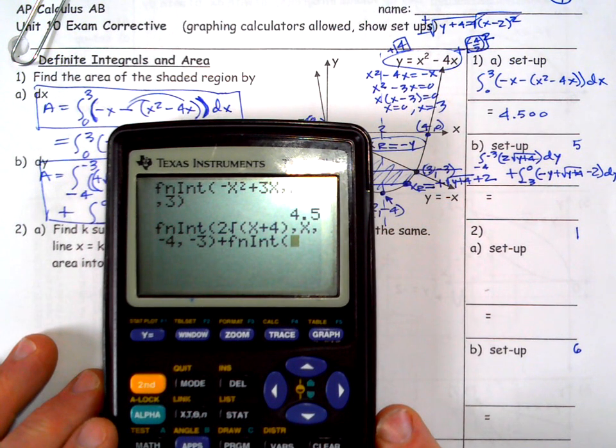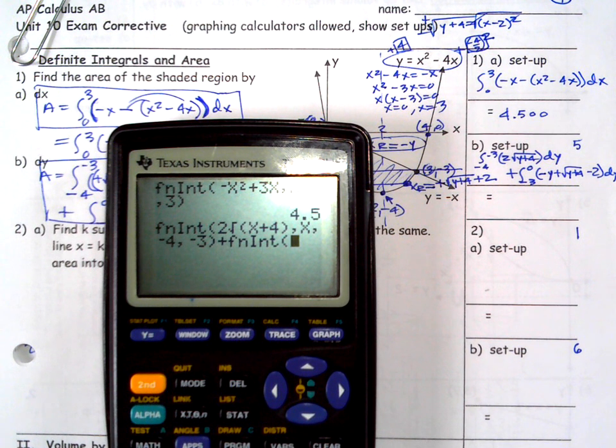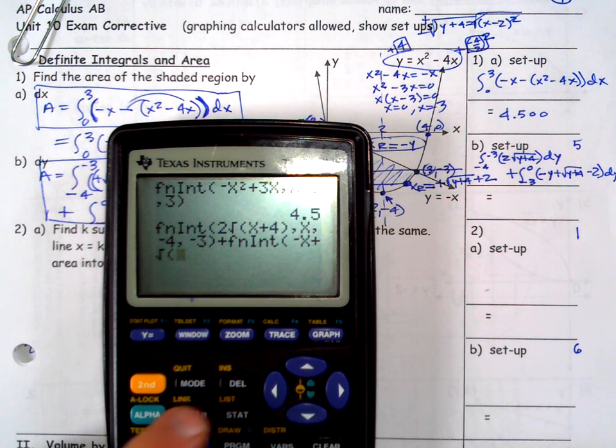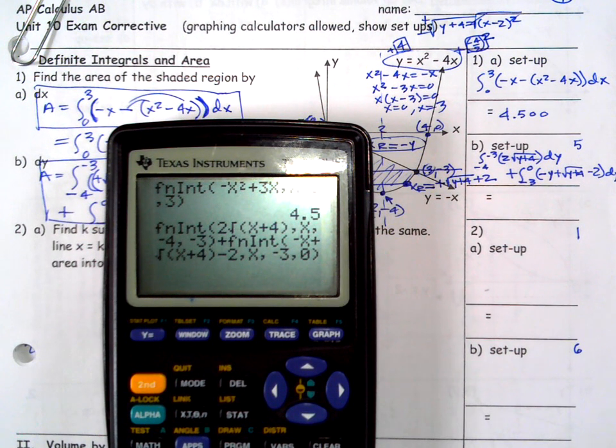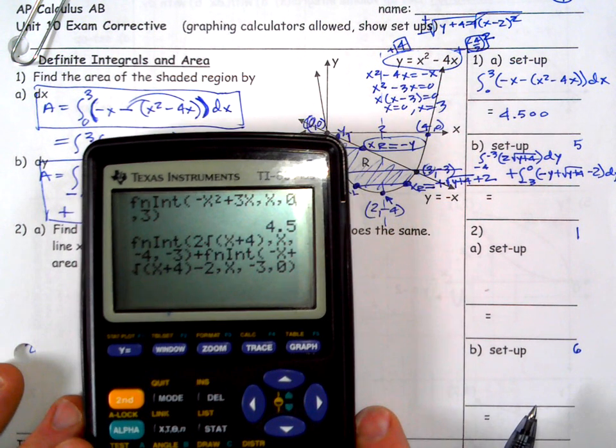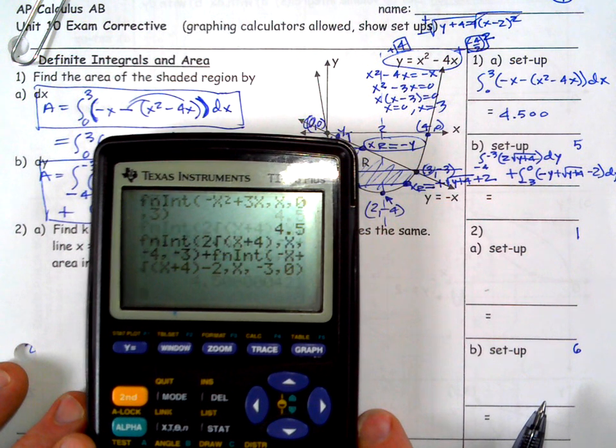I'll move it so you can see it. Negative x plus the square root of x plus 4, close parentheses and square root, minus 2, comma x, comma -3, comma 0. Now we should get the same answer as we got for the last part.